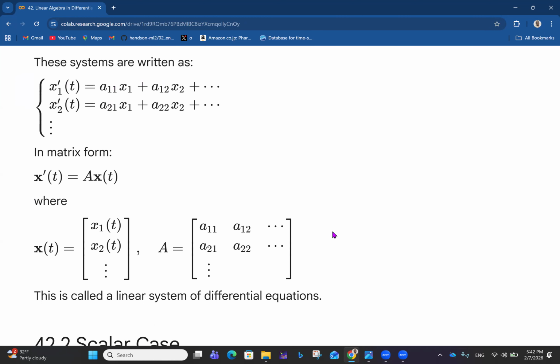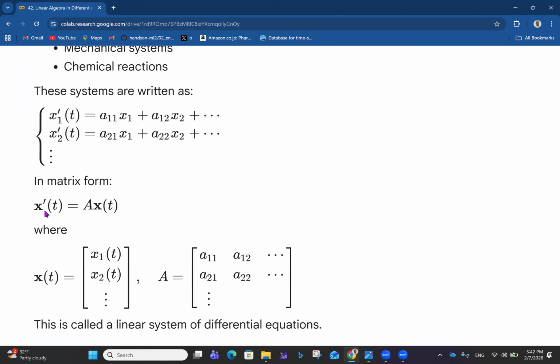Then you can always represent them concisely in matrix form: x prime of t equals A x of t, where x prime has x1 prime, x2 prime, all the way down, x of t is x1 of t, x2 of t, down, down, and the matrix A is the matrix of coefficients: a11, a12, a21, a22, all the way down, depending on the system you have. So this is called a linear system of differential equations.